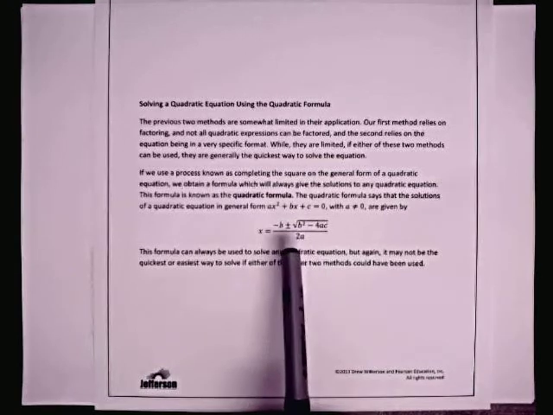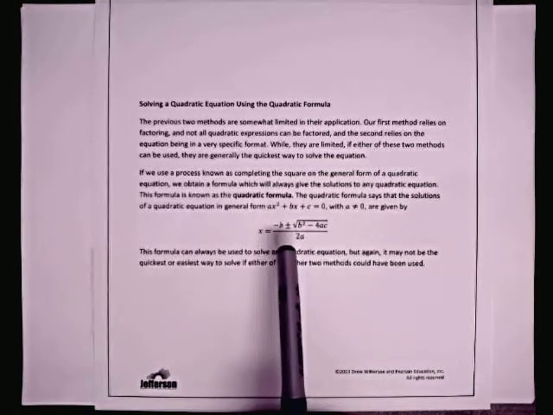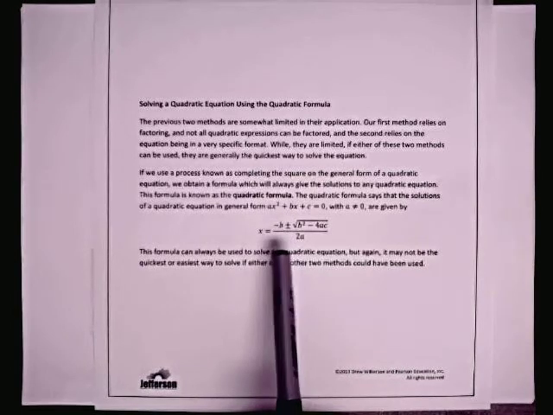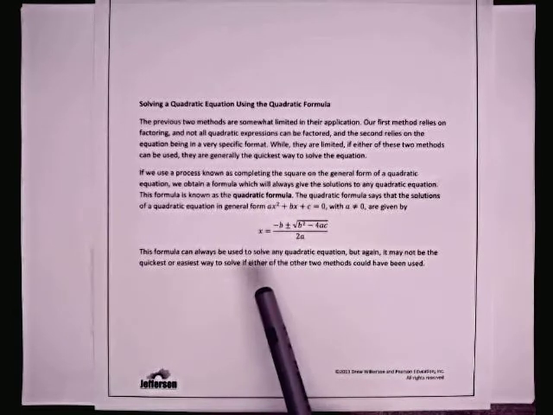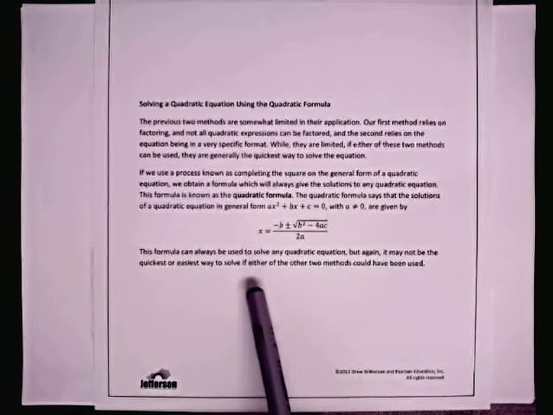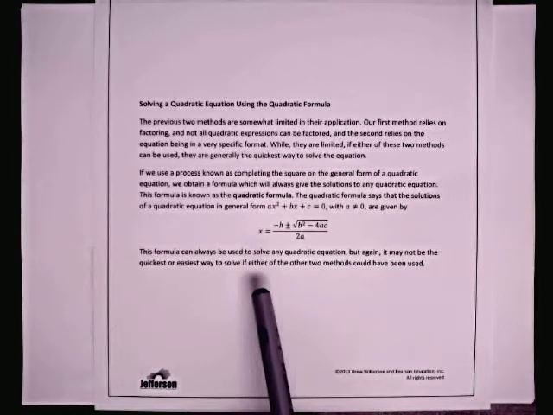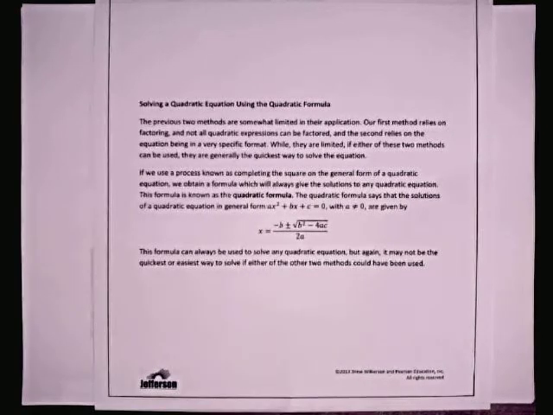Notice here I read this as opposite of b rather than negative b. Reading it as opposite b is going to help you apply that formula better. This formula can be used to solve any quadratic equation, but it's not always the quickest or easiest. Simplifying can take up quite a bit of time on these problems. So if something factors, or you can use the square root property, generally that's the fastest way to solve a problem.